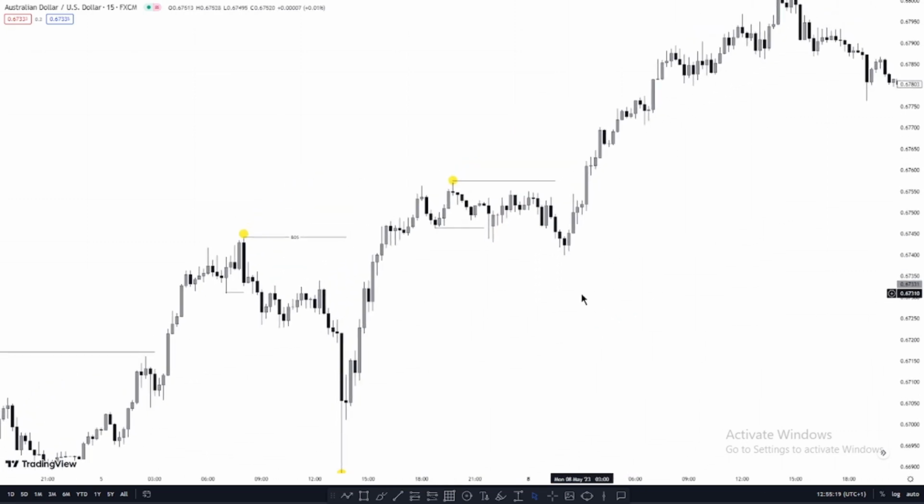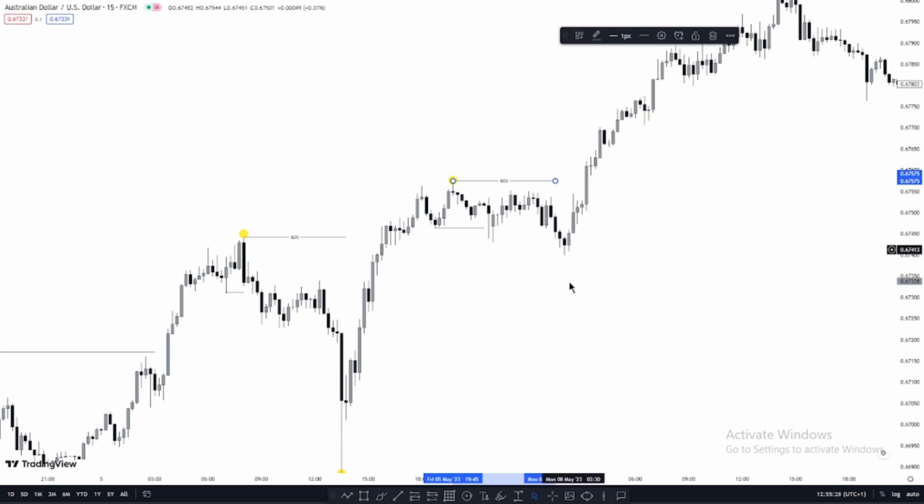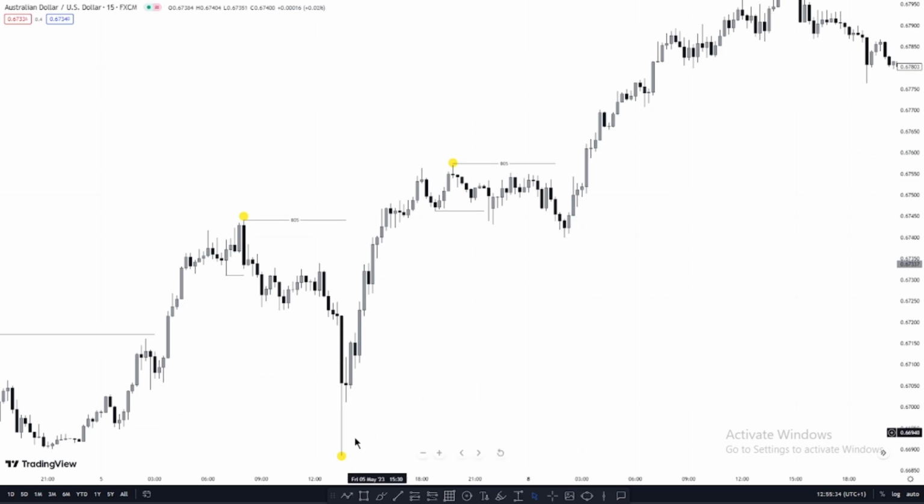And as you can see, price took it out with a candle body close, signaling that this is a break of structure. All right? This is your BOS. And so, because it has taken it out with a candle body close, this low is confirmed as a valid low. So this is our valid low here.